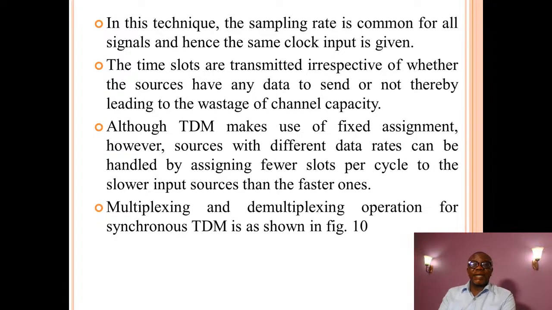The time slots are transmitted irrespective of whether the source has any data to send or not, thereby leading to the wastage of channel capacity. Although TDM makes use of fixed assignment, sources with different data rates can be handled by assigning fewer slots per cycle to the slower input sources than the faster ones. Multiplexing and demultiplexing operation for synchronous TDM is as shown in Fig 10.